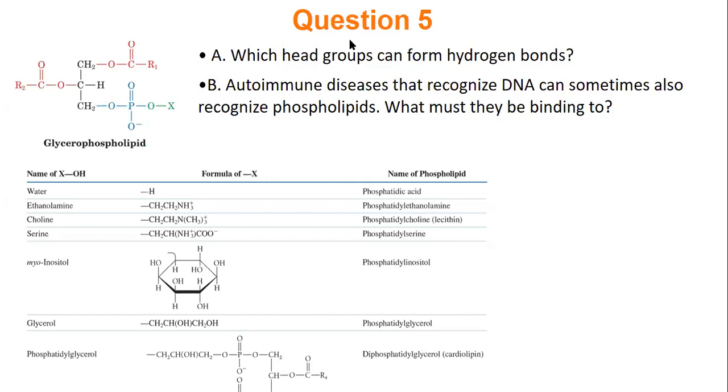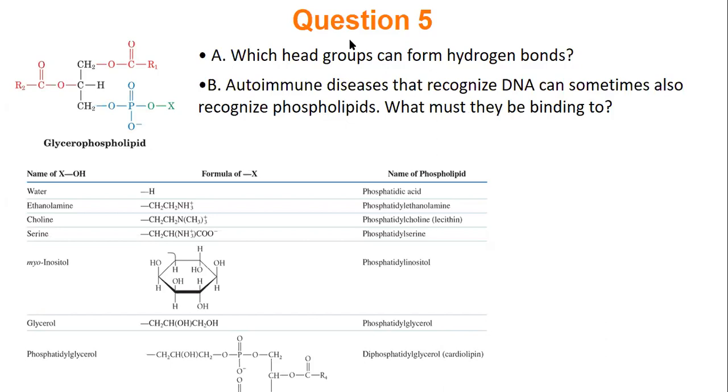It's going to be phosphate blah, and I want to know which of these head groups are going to be able to form hydrogen bonds. So select all the ones that can form hydrogen bonds from these head groups. While you look at that, I will answer B.